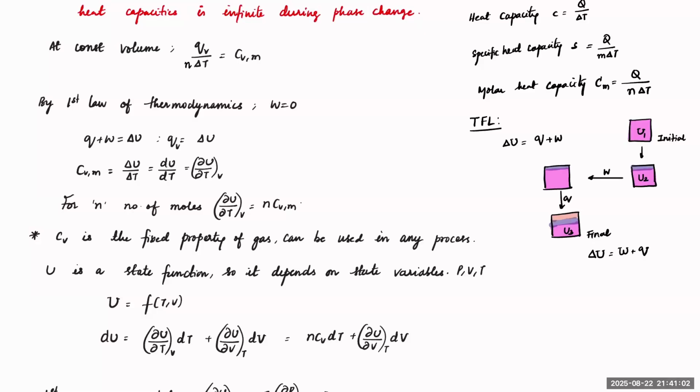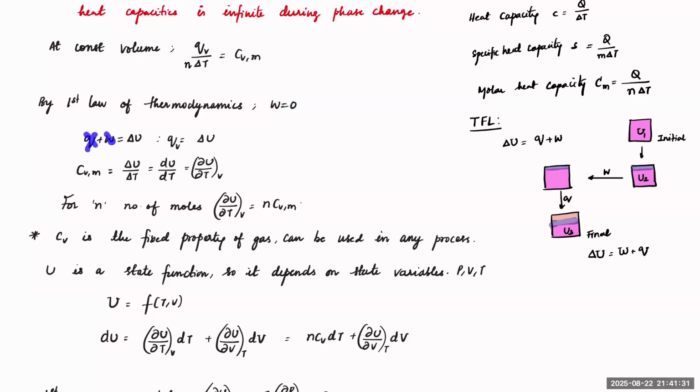In case you do it at constant volume, that means volume is not changing. If volume is not changing, work cannot be done. If work is happening, there must be some amount of volume loss or gain that should be pointed out. But that is not what we are doing. So W is equal to 0.